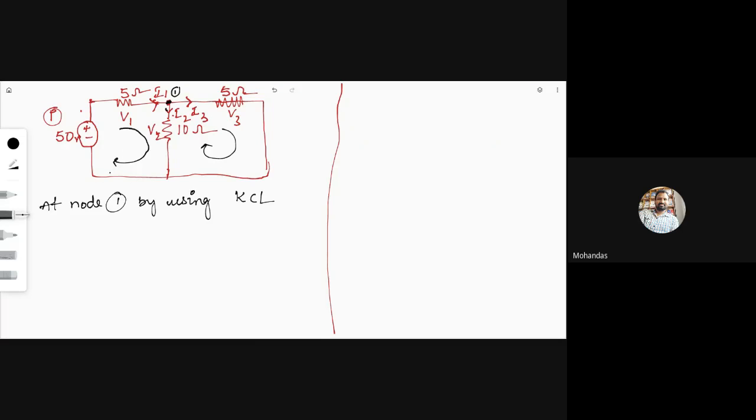How many currents are there? First of all, 3 currents are there. Tell me the KCL equation at node 1. Anyone from the class? Please respond.